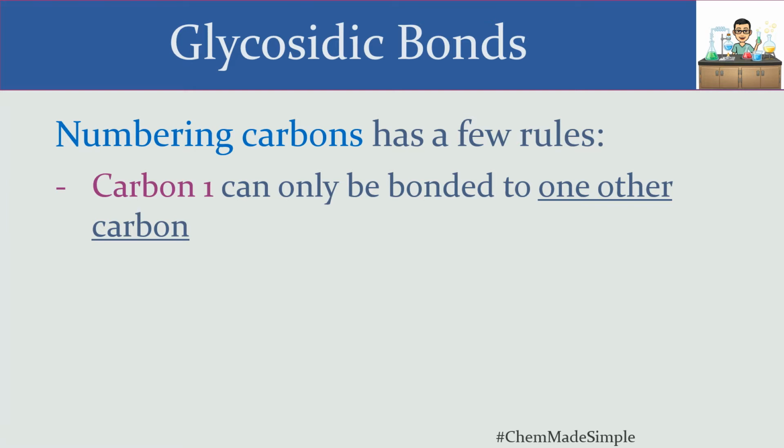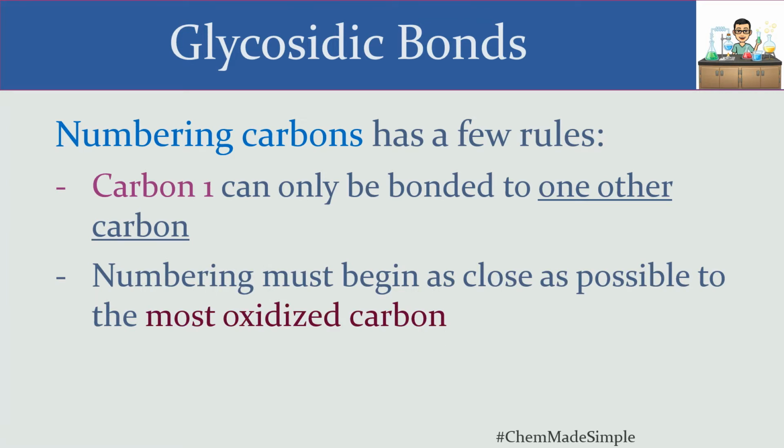If the carbon we're looking at is bonded to 0 other carbons, there's no chain of carbons to begin with. It's by itself. If it's bonded to 2 other carbons or more, it's in the middle of a chain, not at the beginning. So the only way it makes sense to identify a carbon as carbon number 1 is to make sure it's bonded to only one other carbon, and that's pretty much it.